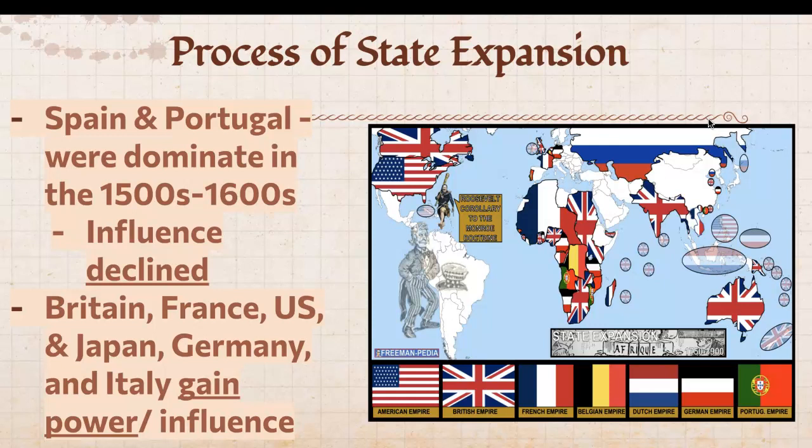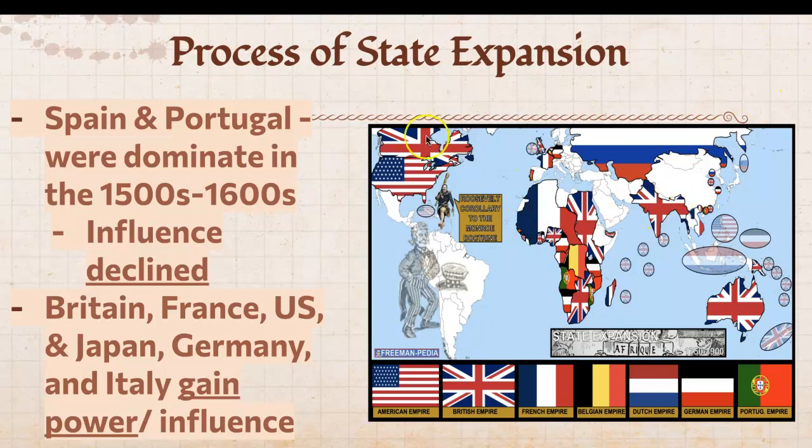But we will see in this time period, as a lot of those states also gain independence in this time, their influence will decline. But with their influence declining, there will be new powers rising. So it will be Britain, France, the United States, Japan, and then Germany. I don't know if I said that twice, but if I did, my apologies.